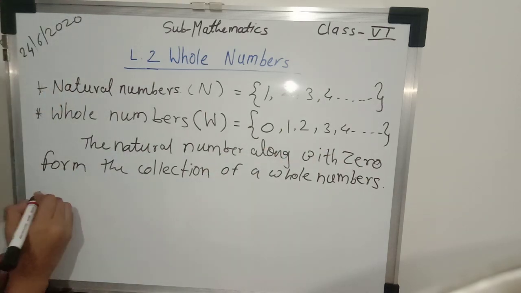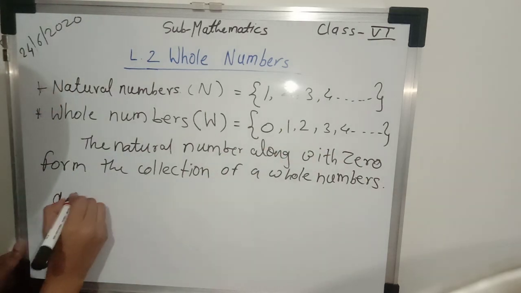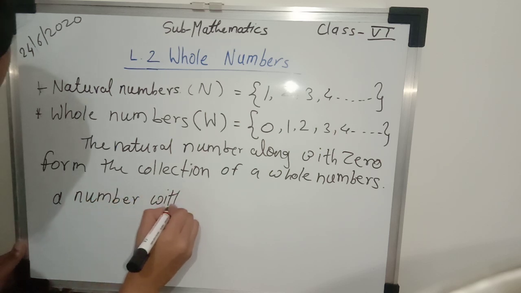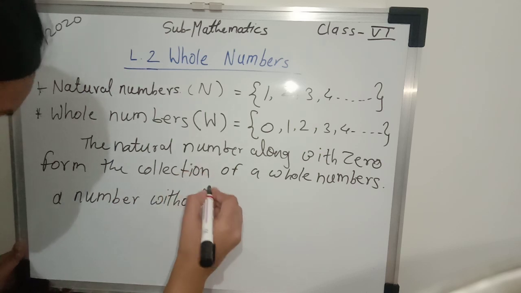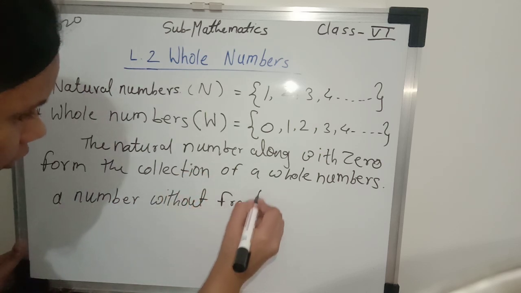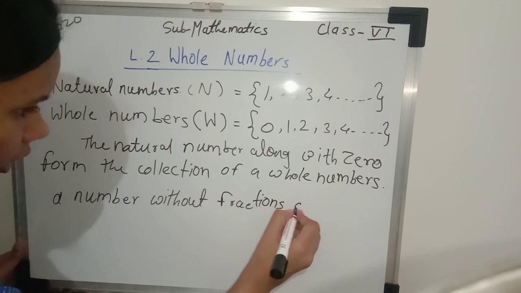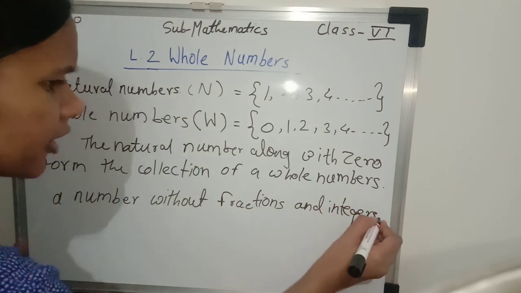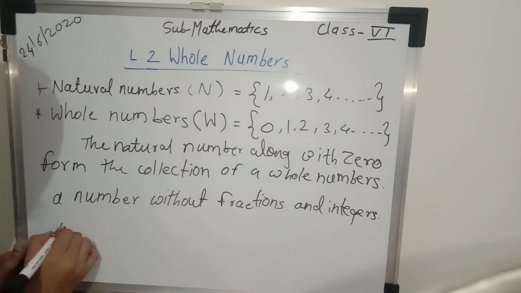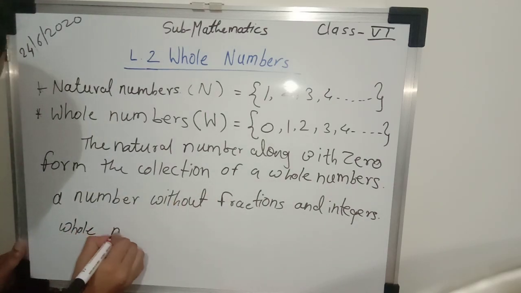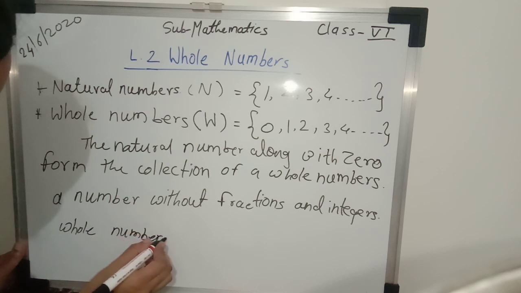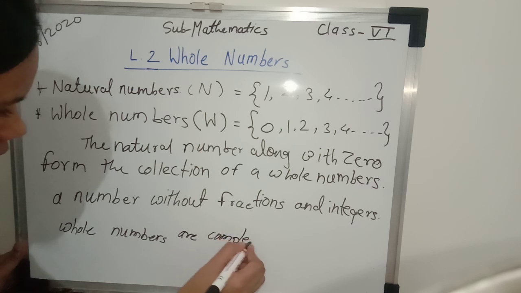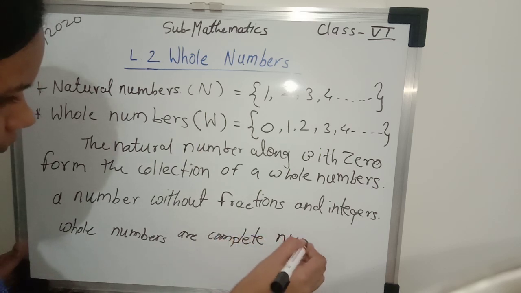Now one more thing, whole numbers are numbers without fractions and integers. So whole numbers are complete numbers. In simple terms we can say whole numbers are complete numbers.